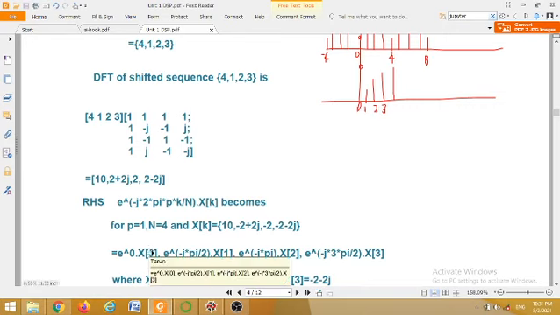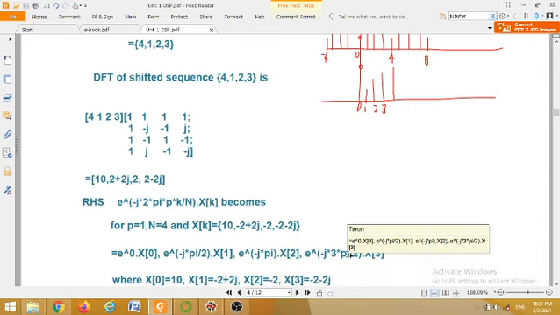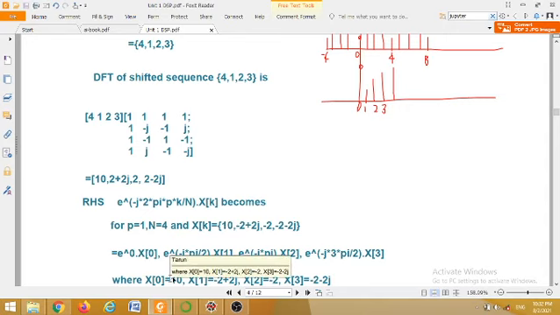The first sample has k equal to 0, the second sample has k equal to 1, the next sample takes k as 2, and the next takes k as 3. Substituting that, you get e power 0 into x of 0. X of 0 is 10, so you get 10.